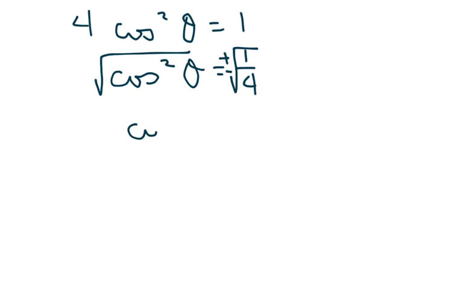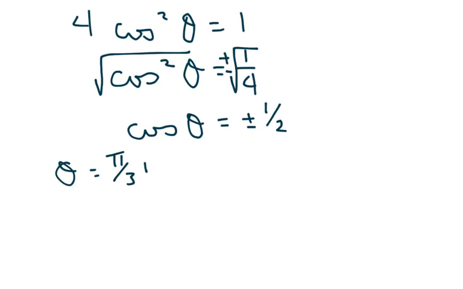In this case, I get cosine of theta equals plus or minus 1/2. So what we're going to get on this one is theta equals pi over 3 plus 2k pi.